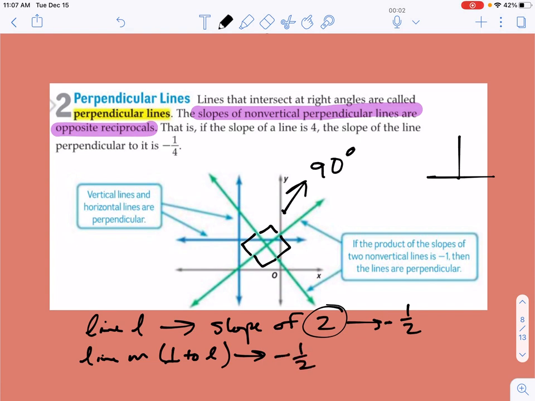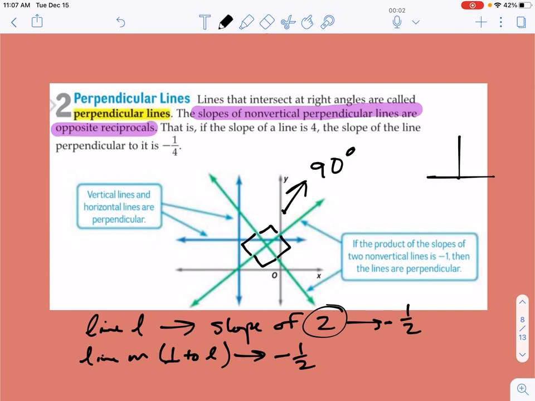So what you're doing is finding the slope of the line that it is perpendicular to, taking the reciprocal of it, and then changing its sign. Effectively, doing the opposite of something is changing its sign. The opposite of 2 is negative 2. The opposite of 4 is negative 4. The opposite of 11/7 is negative 11/7.